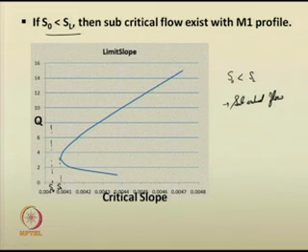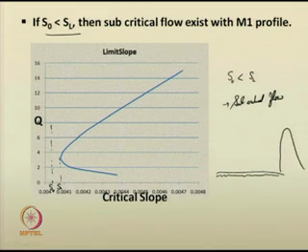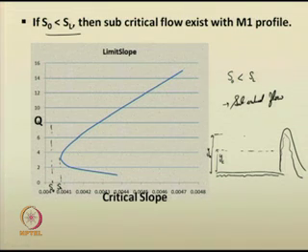Yes, it is the same M1 profile that you can observe. You see here, this is the channel cross section. Suppose you are creating a bund, then this is your critical depth, this is your initial normal depth, and the gradually varied profile will be something of this form.